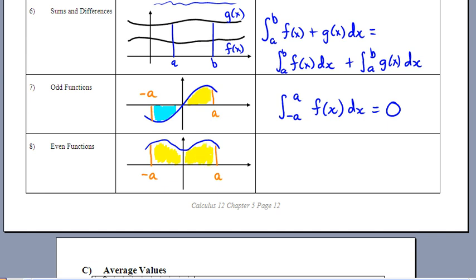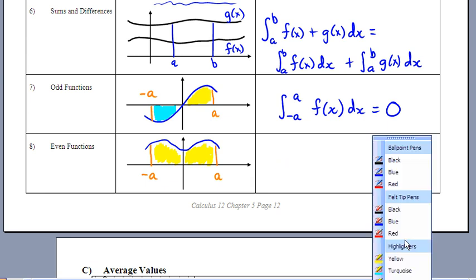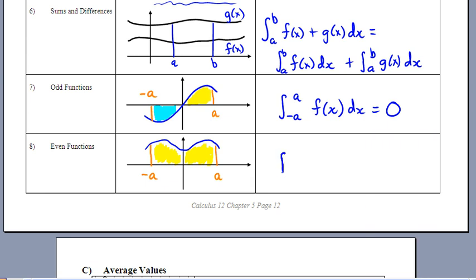So if you notice that you've got an even function, and you're being asked to integrate from negative a to a, some f of x dx, if you want to, you could just double the answer, integrating from 0 to a, f of x dx. Sometimes that can be a little bit faster. Not always, but sometimes.